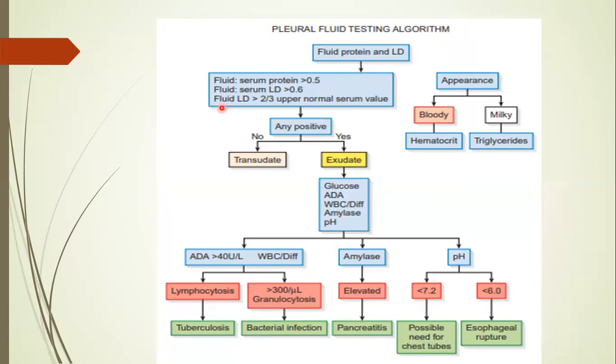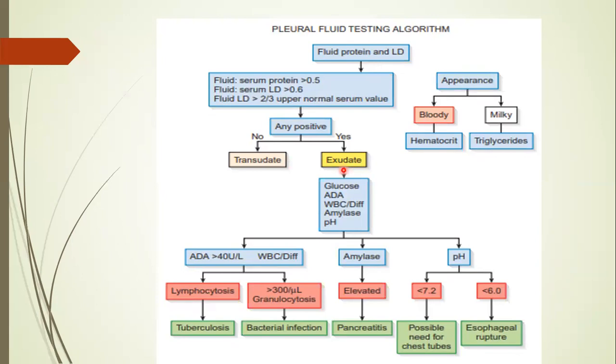The Light's criteria. And I've mentioned this already. These are the Light's criteria. Even one result pointing to an exudate will confirm that the fluid is actually an exudate. So any positive, even just one. So if yes, it's an exudate, or if not, it's a transudate.